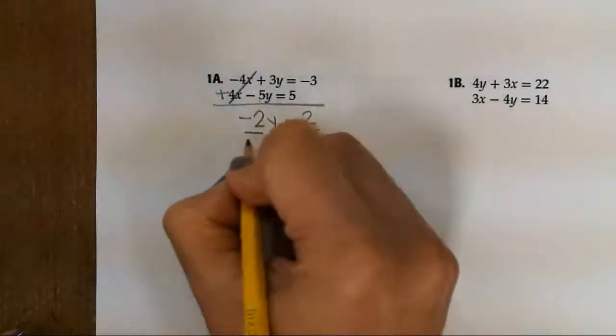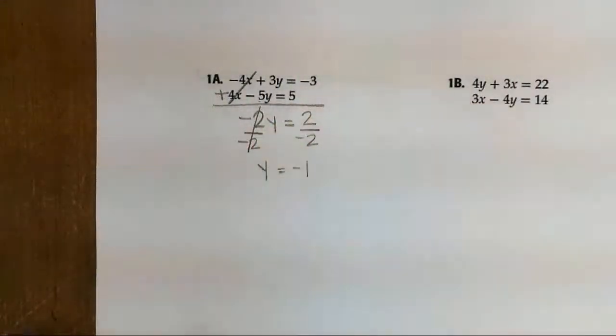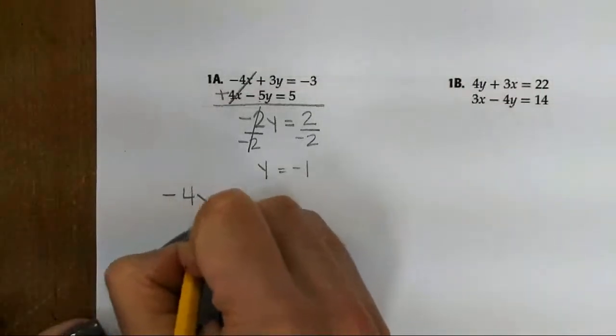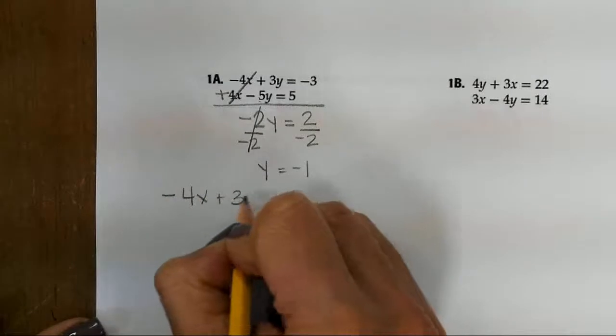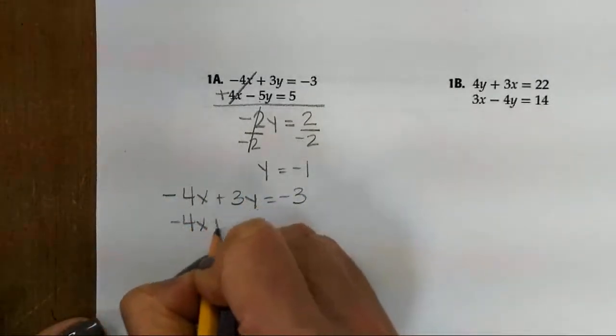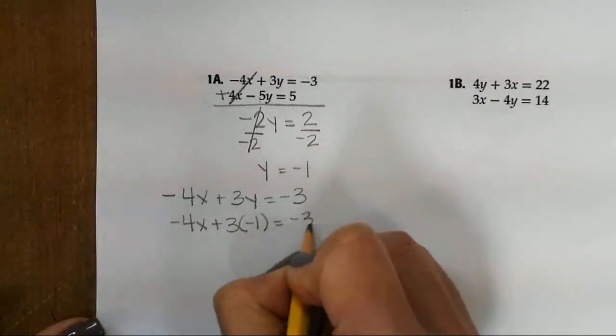Okay, divide both sides by negative 2. And I have that y is equal to negative 1. So I'm going to go ahead and now substitute that into my original equation. Because the last one I did the second equation, I'll go ahead and do the first one this time. So I have negative 4x plus 3y equals negative 3. So now I want to substitute my negative 1 into my y.